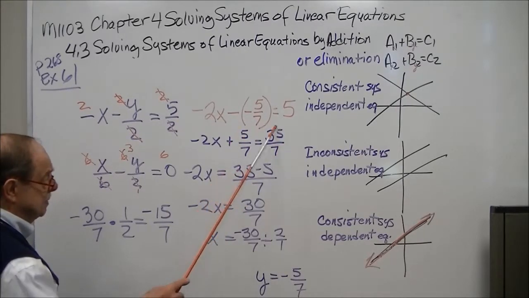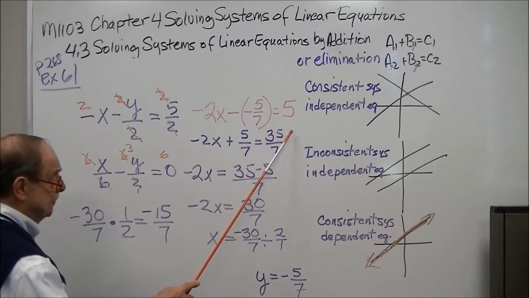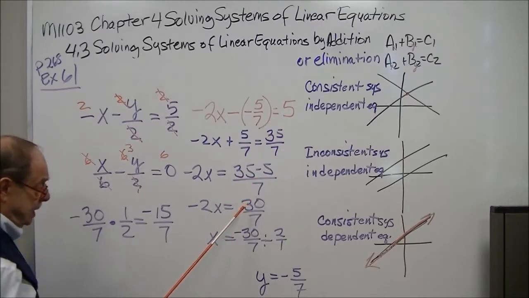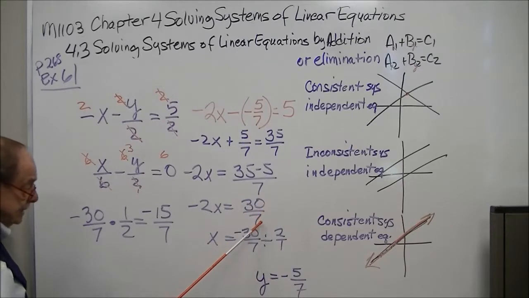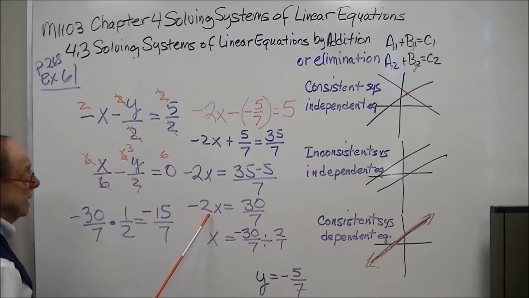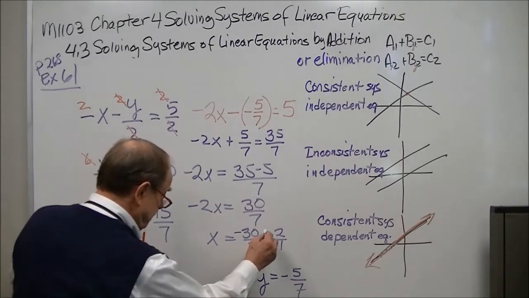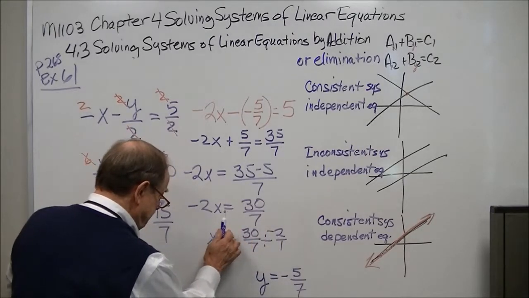So when I transpose this, it became a negative 5/7. I ended up with a 37. Again, fractions are a challenge. But now I'm going to divide both sides by a negative 2. And I actually could have put the negative here, but it doesn't make any difference where we put it.